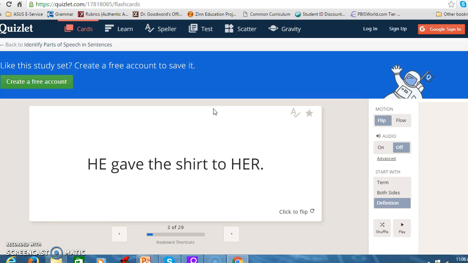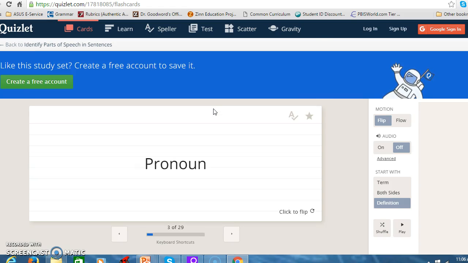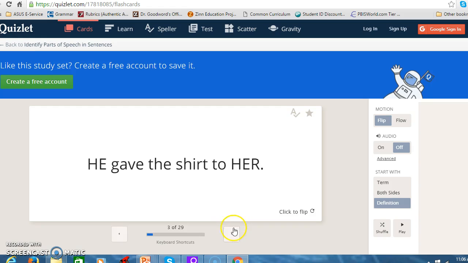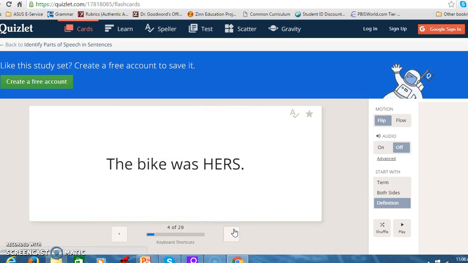He gave the shirt to her. Correct, those are pronouns. And this one? Pronouns and possessive. How about this one? Again, pronouns.